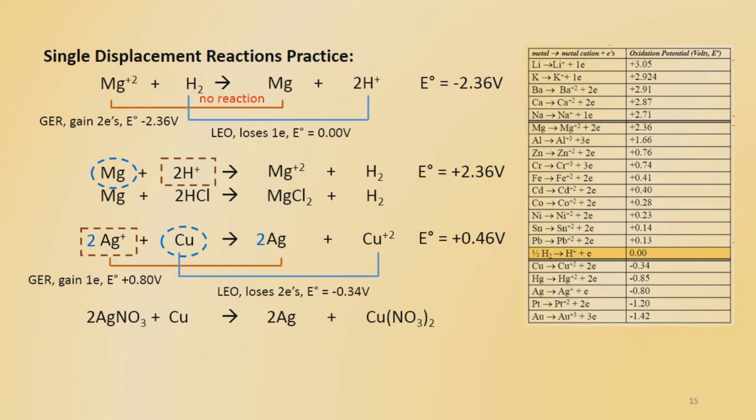What might that look like in real life? Well, for example, we can't get silver ion by itself, but we could use silver nitrate and copper. And the silver ion in silver nitrate would be reduced to silver metal, and the copper would be oxidized to copper 2 nitrate. Let's take a look at this reaction.